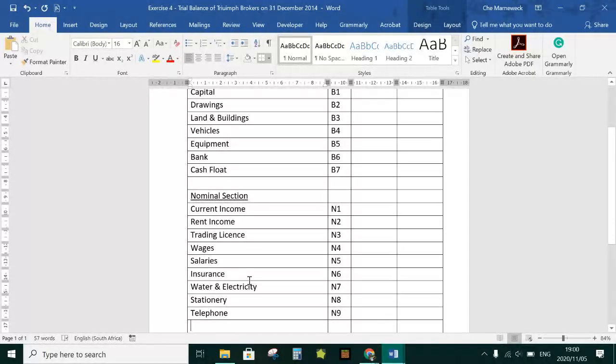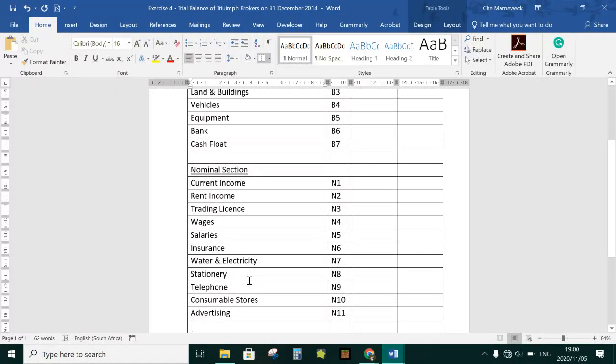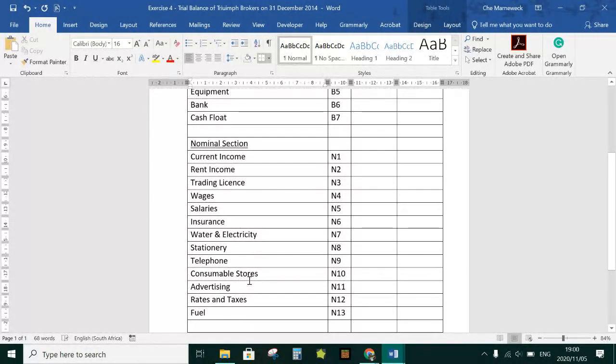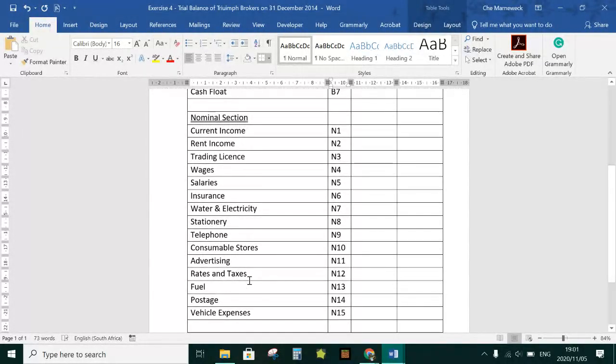And then we have consumable stores in 10. Then we have advertising in 11. Then we have rates and taxes in 12. Fuel in 13. Postage in 14. And the last one is vehicle expenses in 15. Okay.